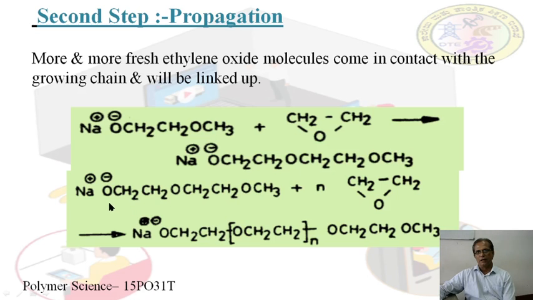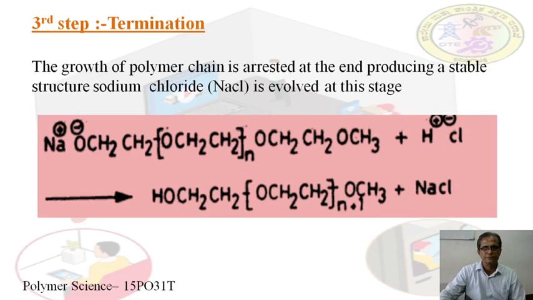Similarly, in this growing chain, if you supply n numbers of ethylene oxide to this, then the reaction product can be written like this. This OCH2CH2 will be n times, and the remaining parts will be at the head end and at the tail end of the reaction product.